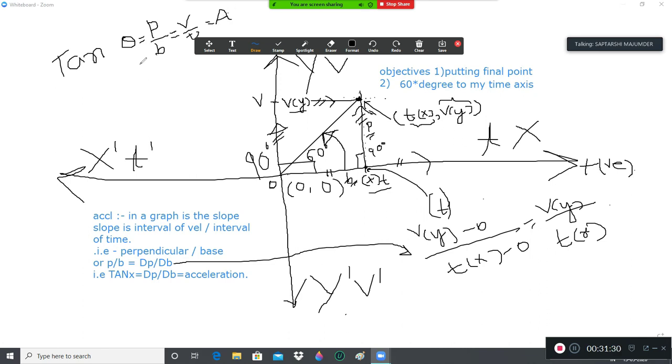Now you got it. Now I can indirectly say that tan theta equals slope and slope equals acceleration. This is your formula when you will read it in class 12, but you have learned it in class 9. So you have advanced about 3 years. If you learn this graph, you will be the boss of motion.